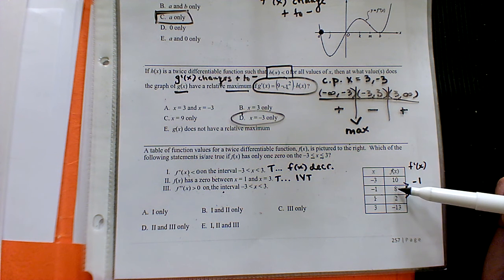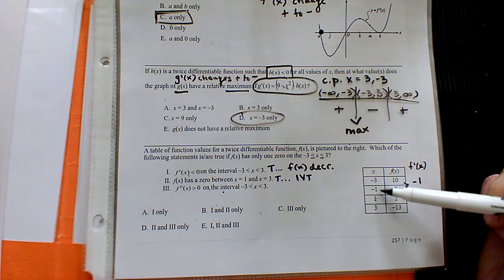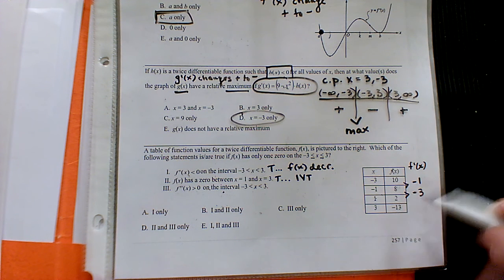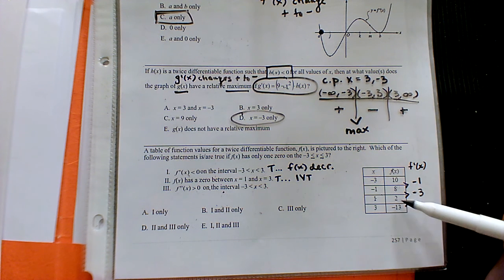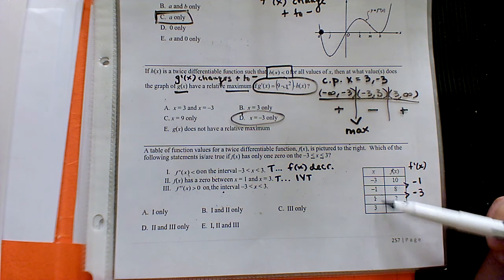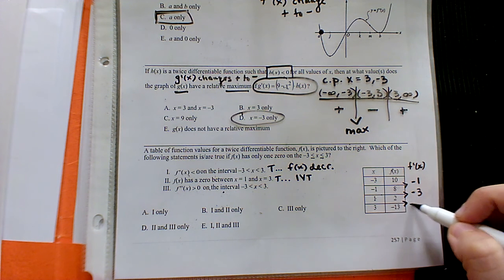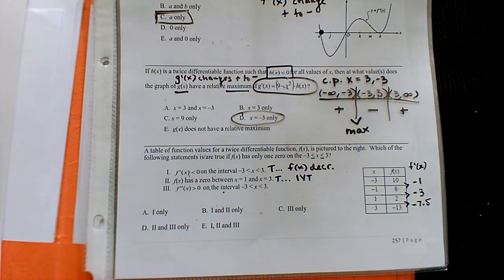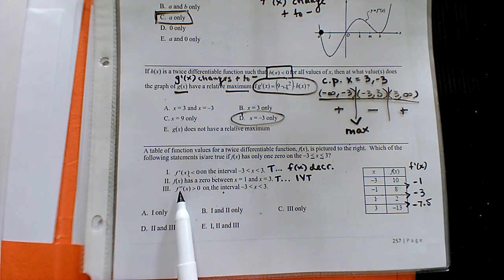If your rise is -6, but your run is +2, -3. If your rise is -15 and your run is 2, -7.5. Okay?